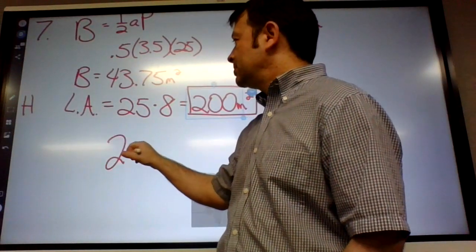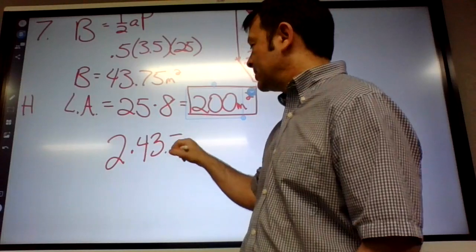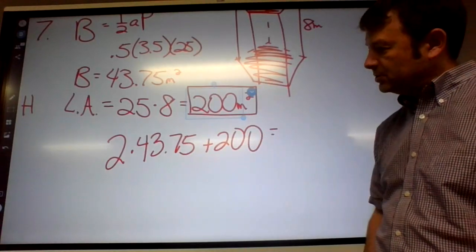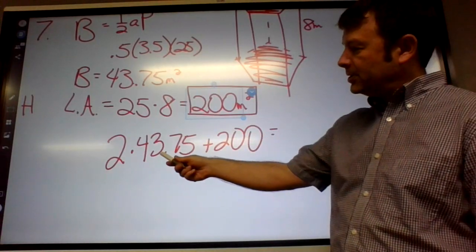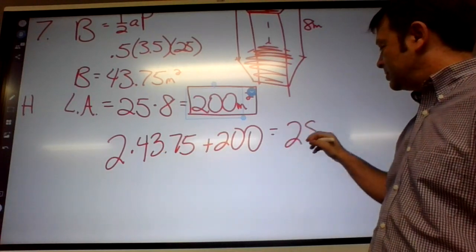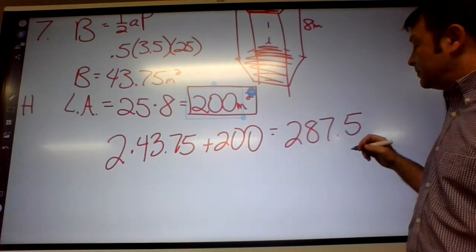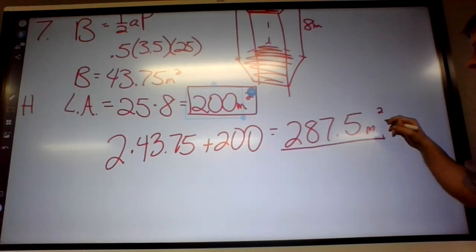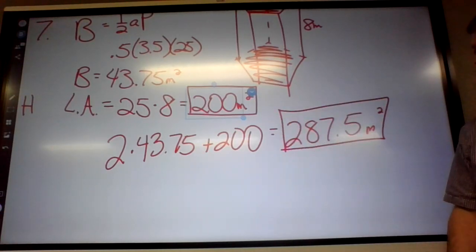So 2 times 43.75 plus 200. What would that be? 87.5. So 287.5 meters squared. There's a reason we're not doing a lot of problems today. It's kind of beefy.